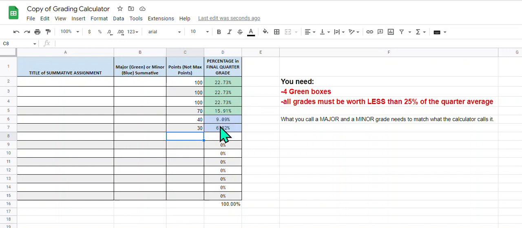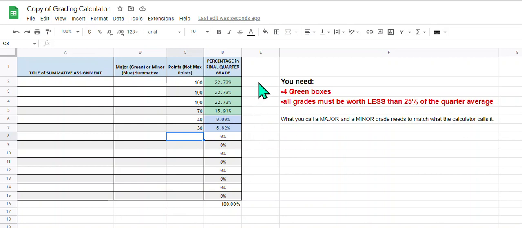These 2 grades, because they're in between a certain percentage range, are considered minor summatives. If in your grade book you have these things labeled something other than what shows up on this calculator, then you need to change it.